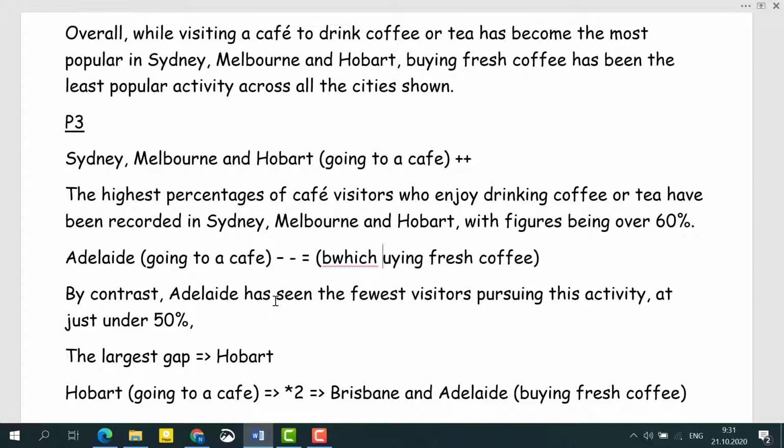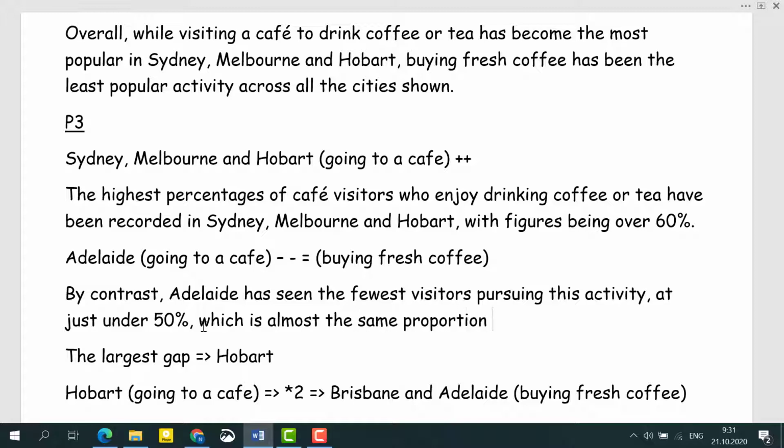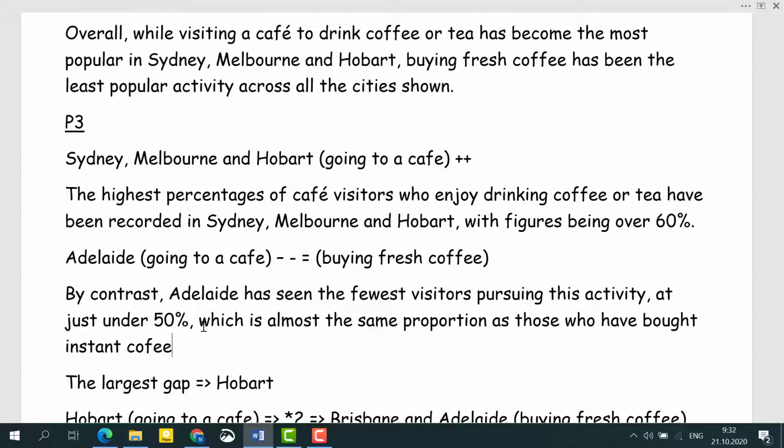Which is almost the same proportion as those who have bought instant coffee over the period given, comma, at 49%. Okay, here we go.